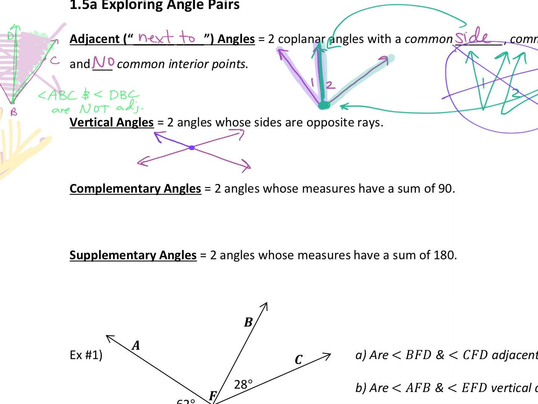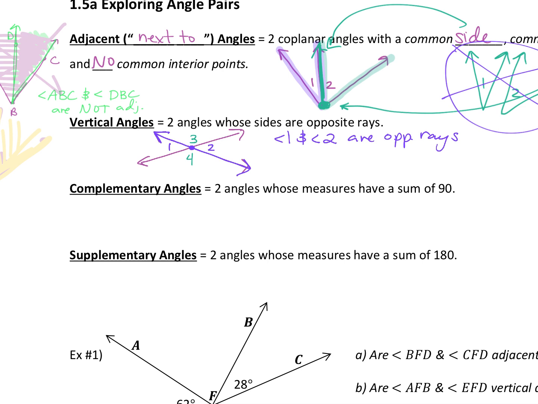So an opposite ray would be like this one with this one, right? They go in perfectly opposite directions. So vertical angles are formed when you have opposite rays here and opposite rays here. So angle 1 and angle 2 are opposite rays. Okay. What do you suppose that means about angle 3 and angle 4? Oh gosh, I said that wrong.